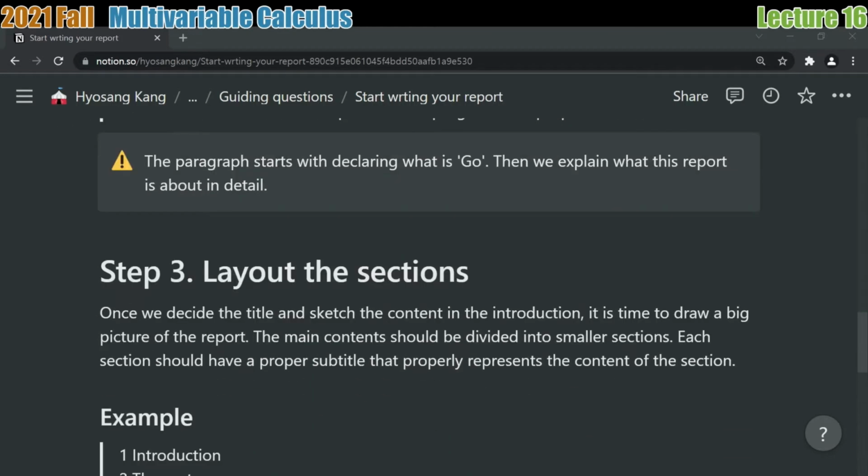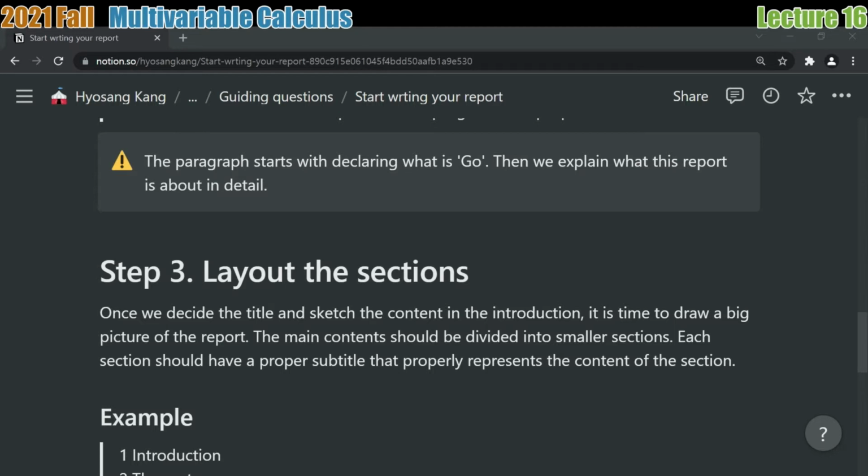And the third step is to lay out the sections. So at least the introduction is something from which you can imagine what your content of the report should be. And then you have to give a specific picture of what components are required and how these components are interconnected and logically connected.